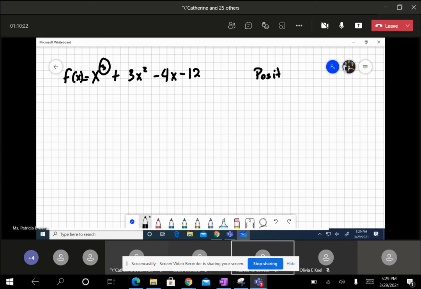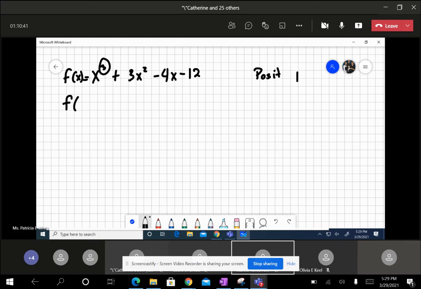And how many of them are possibly positive? How many times do those signs in front of my terms change? Just once. So I have one positive rational solution.